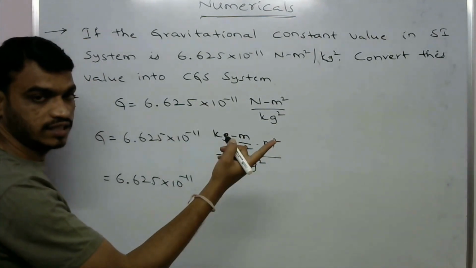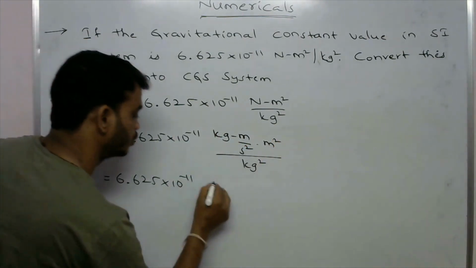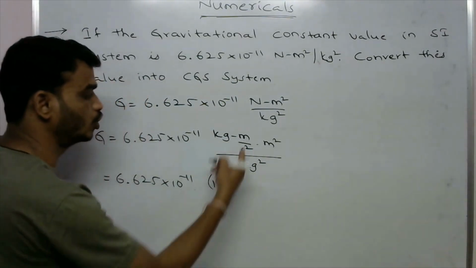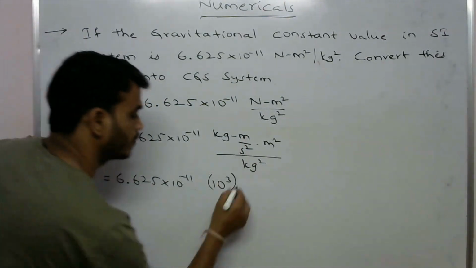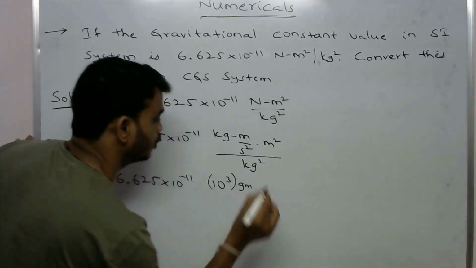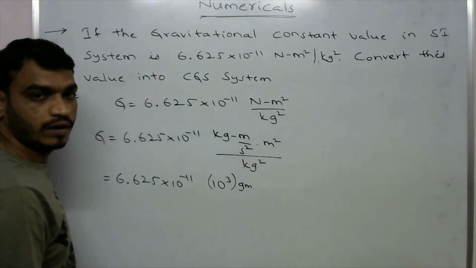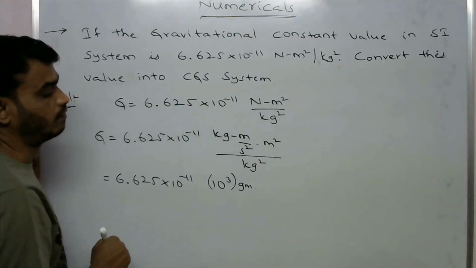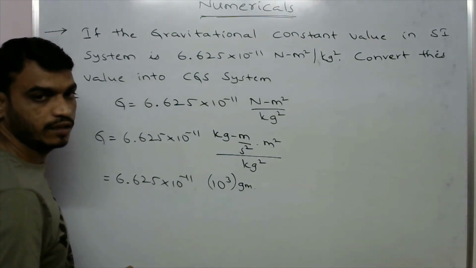Kg in the CGS system is grams. So 10 to the power of 3 grams, into meter. One meter means we have to convert to centimeters. So 1 meter equals 10 to the power of 2 centimeters.